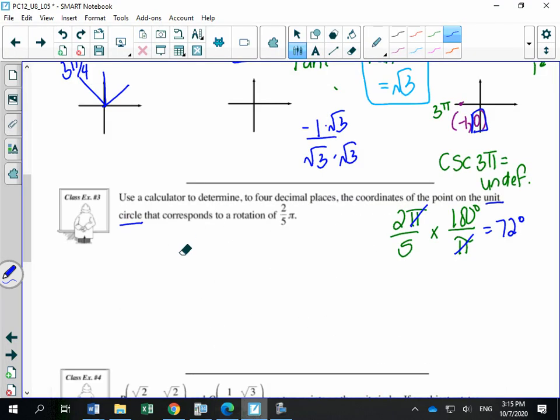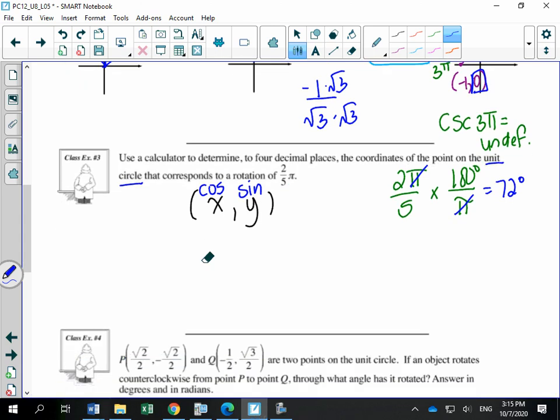So how you would do that is as follows. What you have to remember is that on your unit circle, we have coordinates and they're x comma y. You need to just remember that the x coordinate is always your cos and your y coordinate is always your sine. Okay, so if we were to find, well, what is the x value and the y value that corresponds to the rotation of 2 pi over 5, what we are going to do is we're going to say, okay, this would be the cos of 2 pi over 5, and this would be the sine of 2 pi over 5.